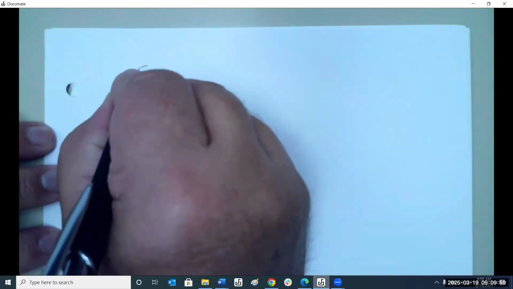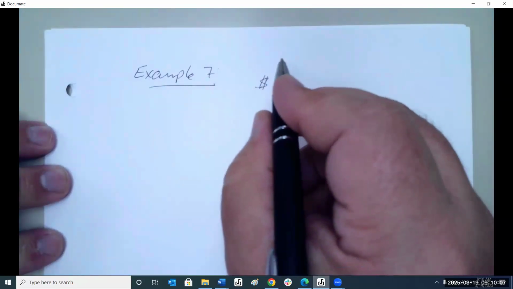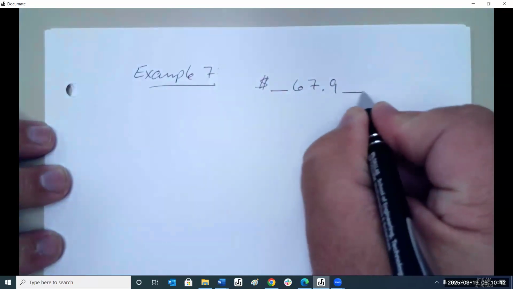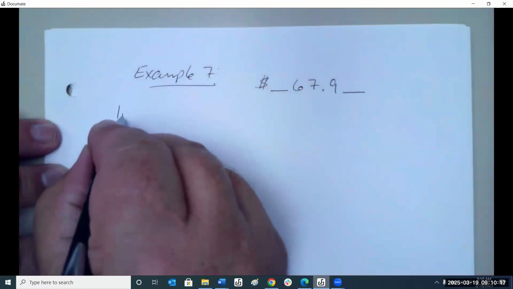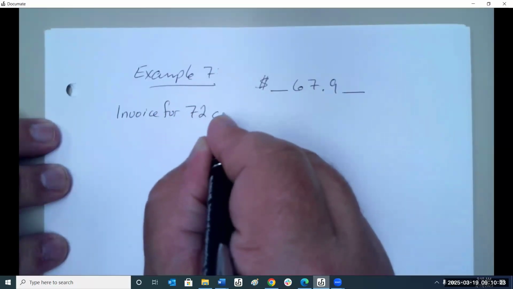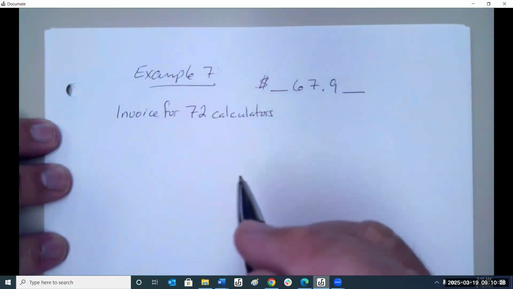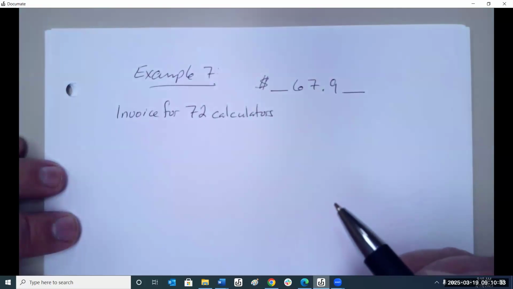Look at your example sheets. Example 7. The store manager has an invoice for 72 calculators. The first and last digits couldn't be read, but we know the rest of the numbers.